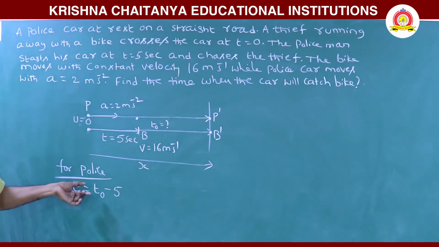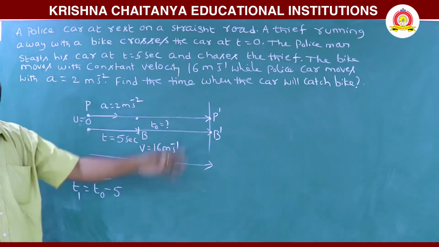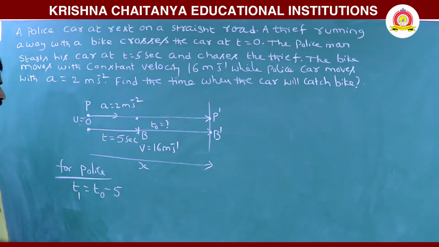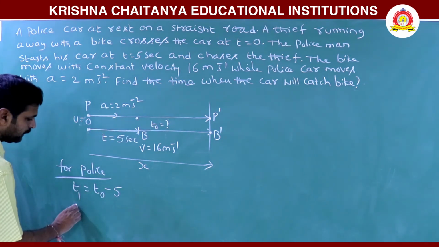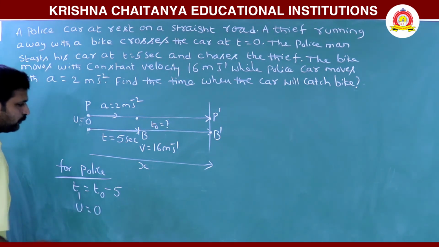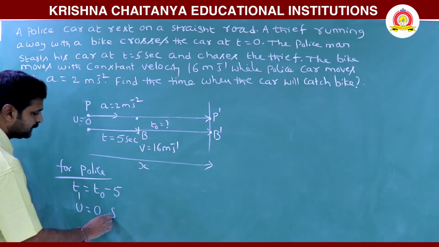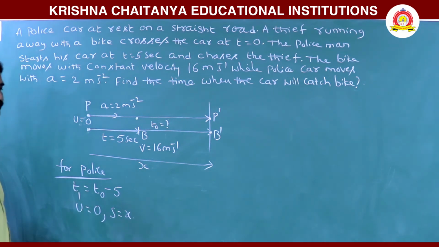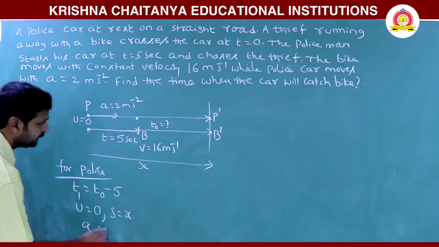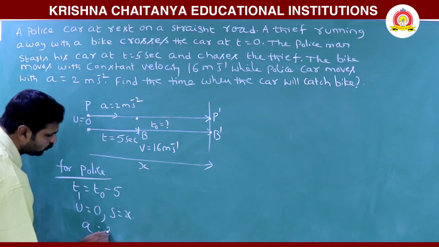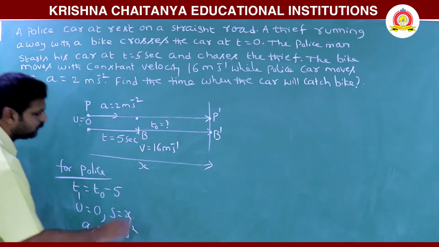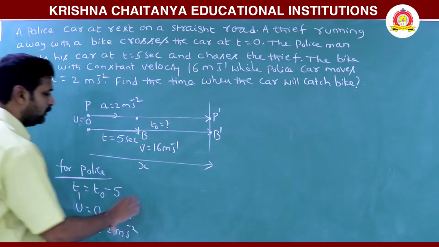Then the policeman takes t0 minus 5 seconds to catch him. His initial velocity is 0, and the acceleration of the police is given as 2 meters per second squared.